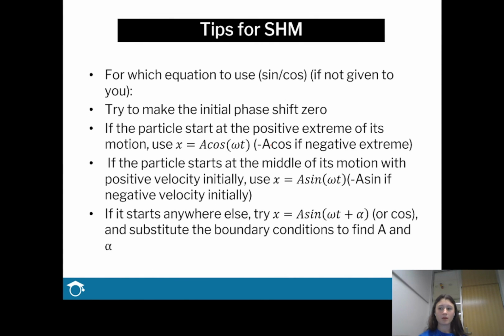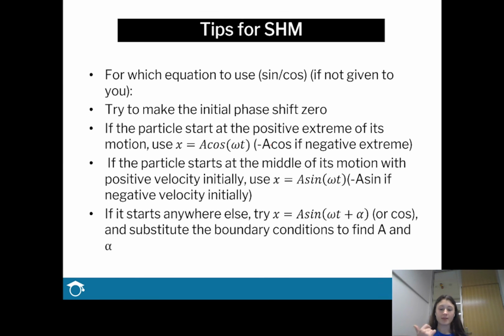Okay, so my tips for simple harmonic motion: when you're considering whether to use sine or cos, try to make the initial phase shift 0. If the particle starts at the positive extreme of its motion, use cos, obviously, because cos starts at the maximum point, and then the negative of that if it's a negative extreme.